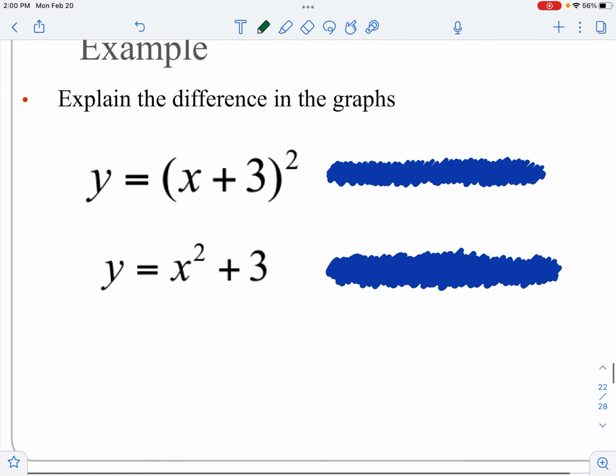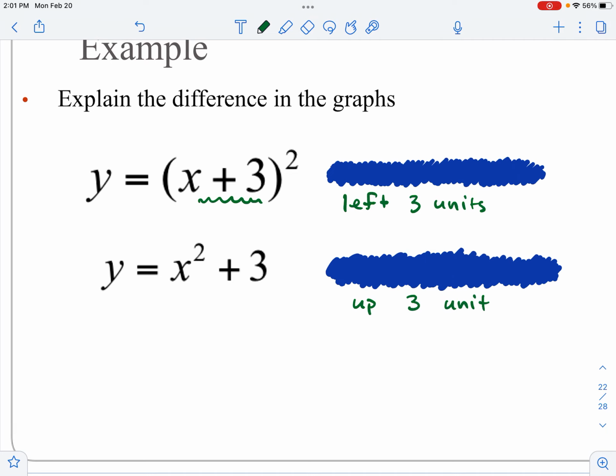Let's look at the difference between these two graphs. We have x plus 3 squared and then x squared plus 3. This graph, because it's inside the parentheses, means that we're moving this graph to the left 3 units. And on the outside, remember outside is true, so this is up 3 units.